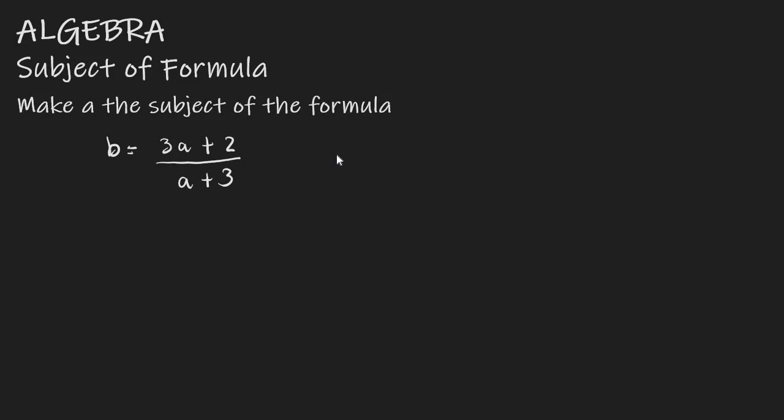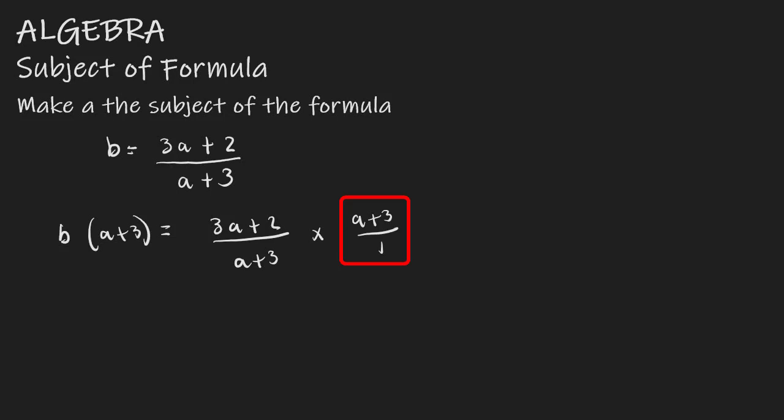But the rule states whatever I do on one side, I must do on the other side. So b times a plus 3 is equal to 3a plus 2 over a plus 3 times a plus 3 over 1. Here, I multiplied a plus 3 to the right-hand side of my equation and also my left-hand side of the equation.